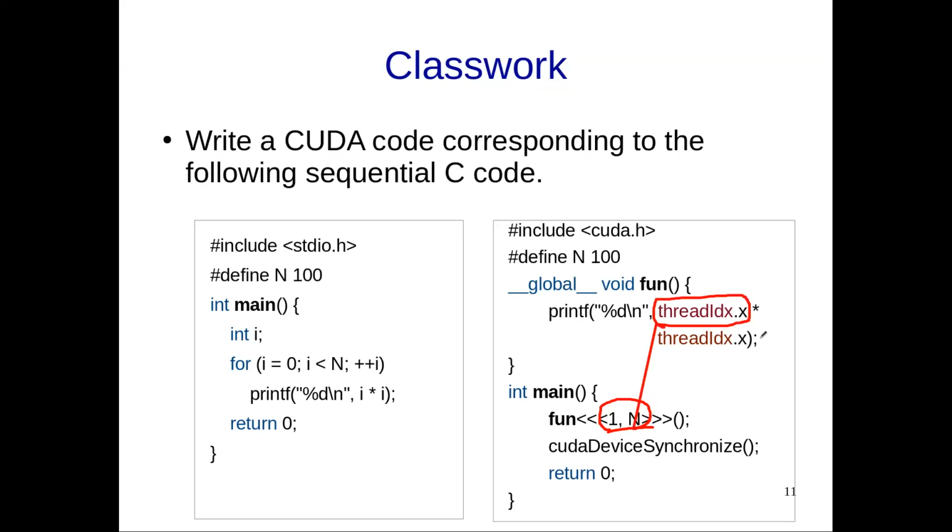If I print threadIdx.x, I am going to get the values 0, 1, 2, 3 all the way up to 99, and I can print threadIdx.x times itself, and that gives me the different squares, just that these are going to get jumbled up. Any questions on this parallel code?